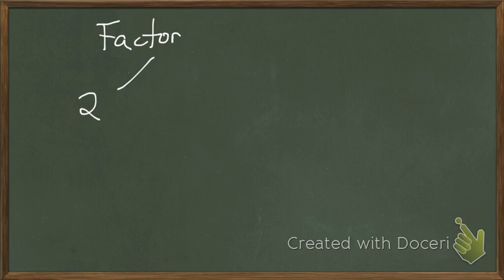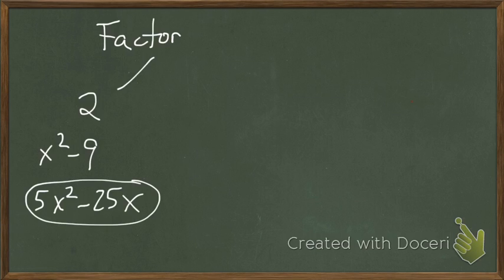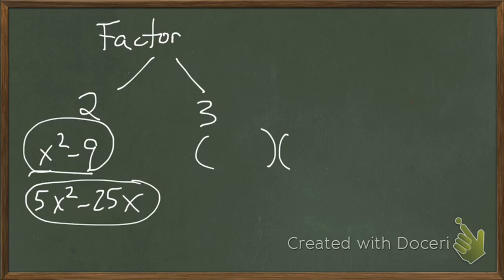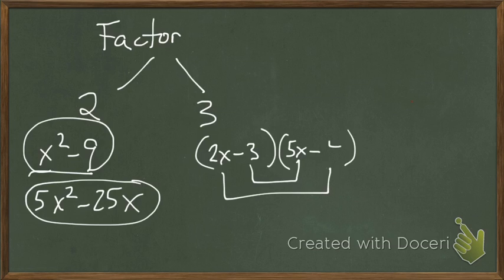If there's two terms, you can do difference of two squares, or you can do GCF. Probably it's going to be something like this. You're probably not going to have to do difference of two squares, but if there's three terms, that's when we do our guess and check. Make sure that you always check your outside and inside terms.